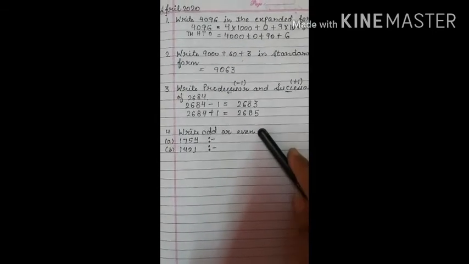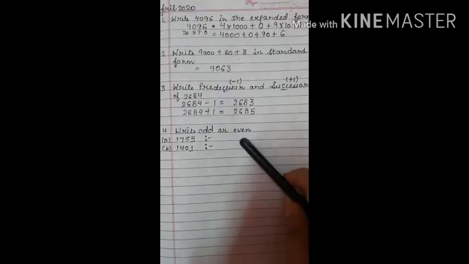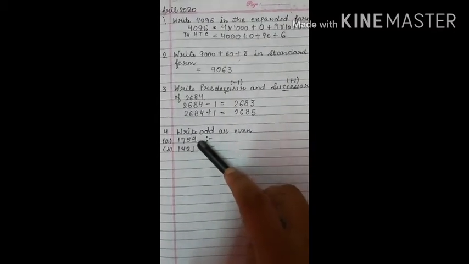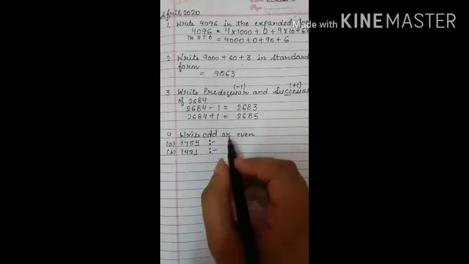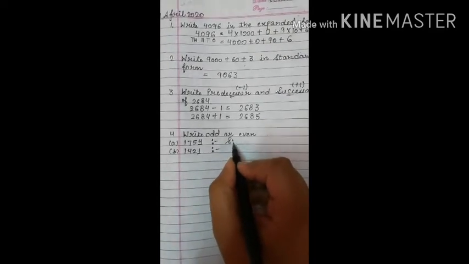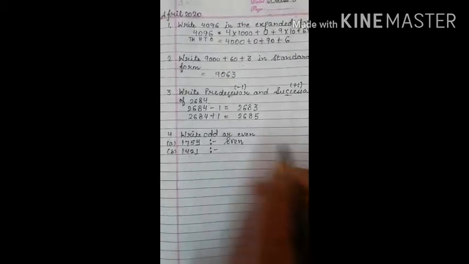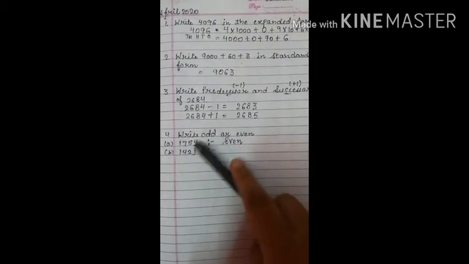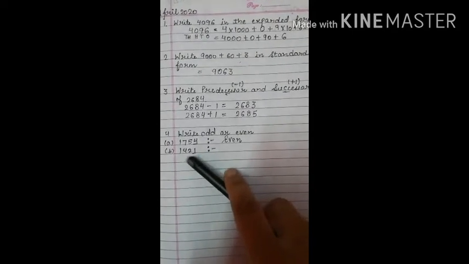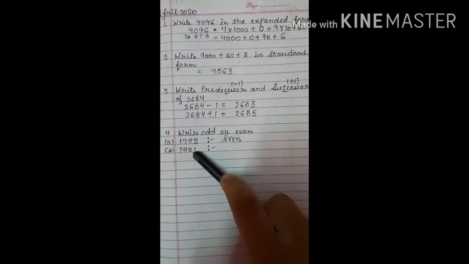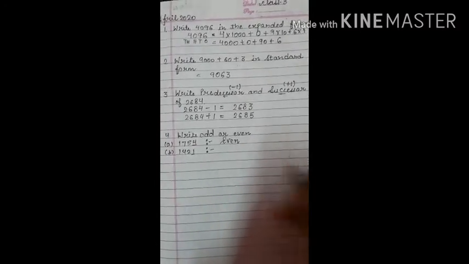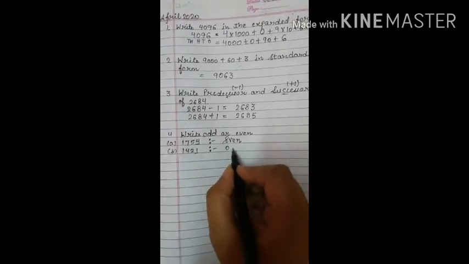If you are having 0, 2, 4, 6 or 8 at the ones place in the number, then your number is an even number. And if you are getting any other digit at the ones place, that means 1, 3, 5, 7, 9, then your number is an odd number.